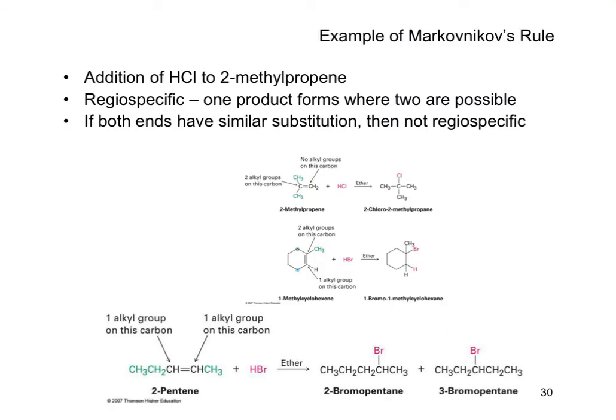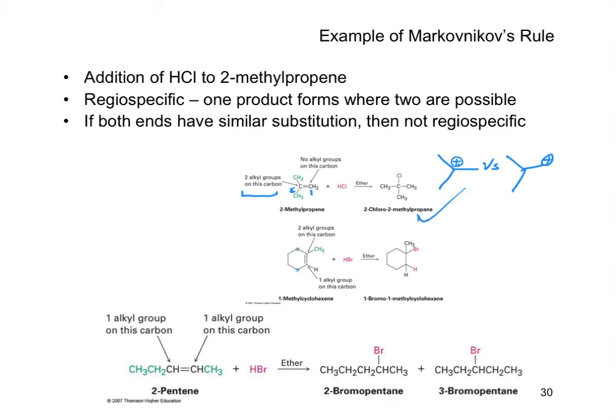All right, so over here, I'm showing you 2 different examples of Markovnikov's rule. Notice I have 2-methylpropene, something that you saw before. We have 2 different carbon atoms, one in which there are 2 alkyl groups, the other that does not have. So you have the option to form a tertiary carbocation versus a primary carbocation. Because of that big difference in energy between the two, you're not going to get any of the primary alkyl halide.